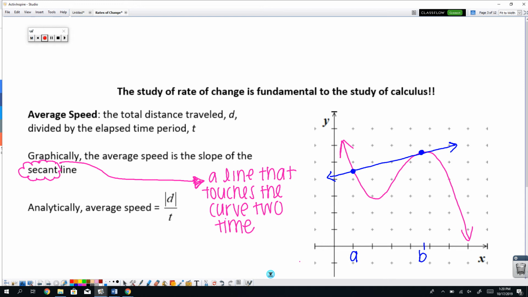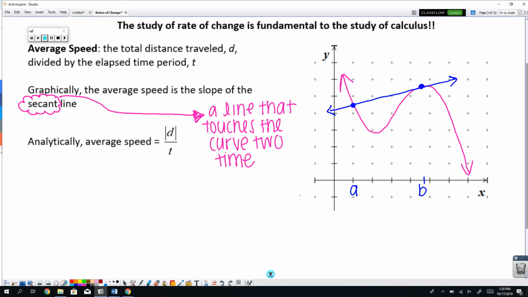Okay? So, what we have analytically is that the average speed is the absolute value of the distance over time. We use absolute value because speed is always going to be positive. Okay? So what you have is this acronym right here, AROC, which stands for average rate of change.